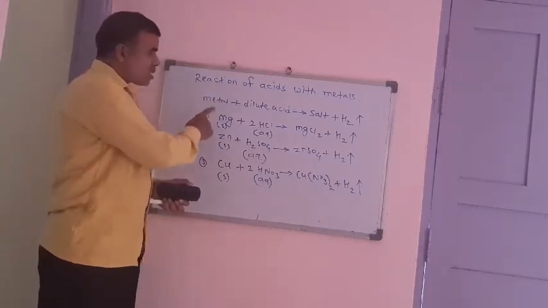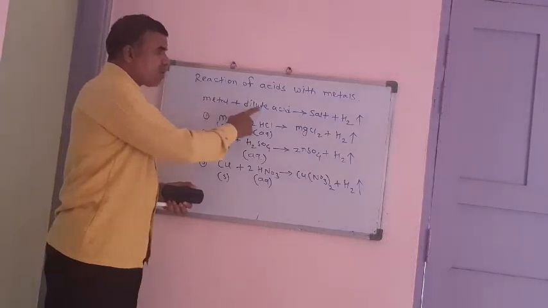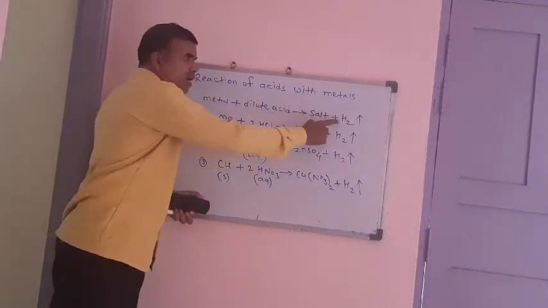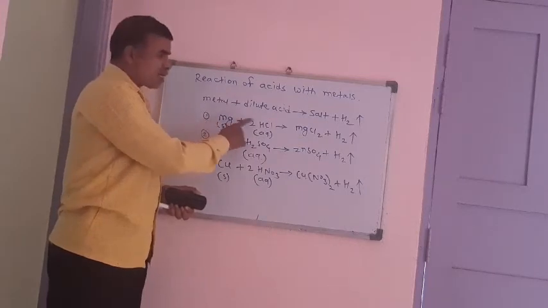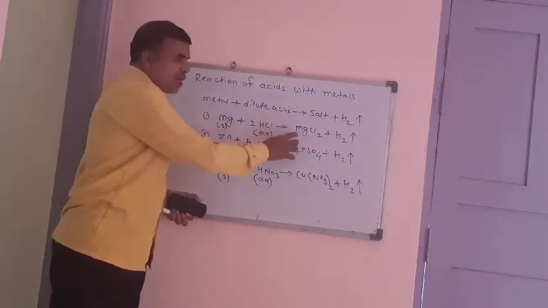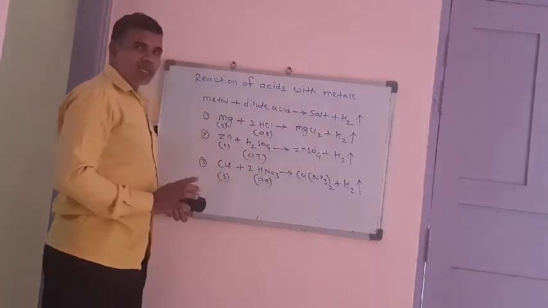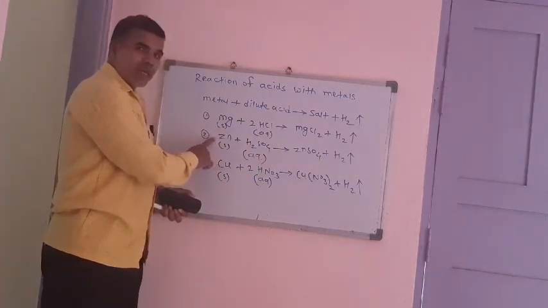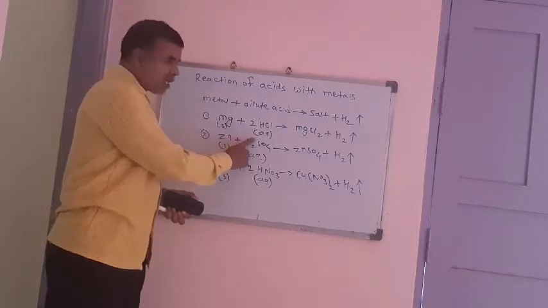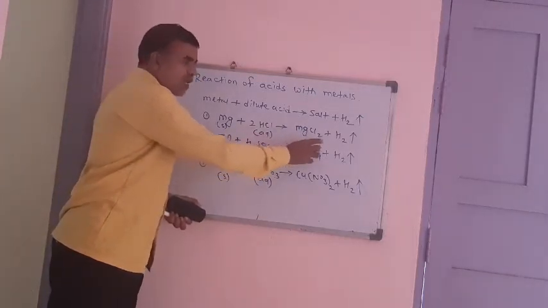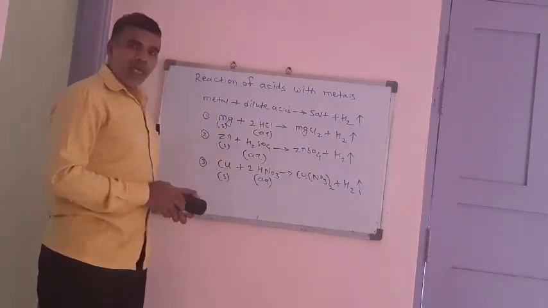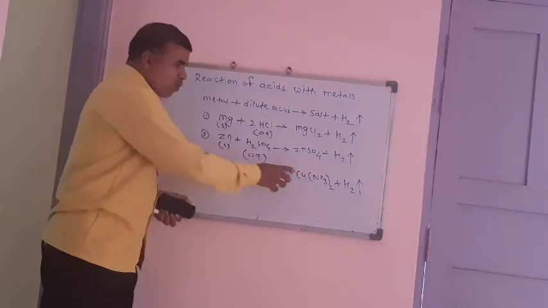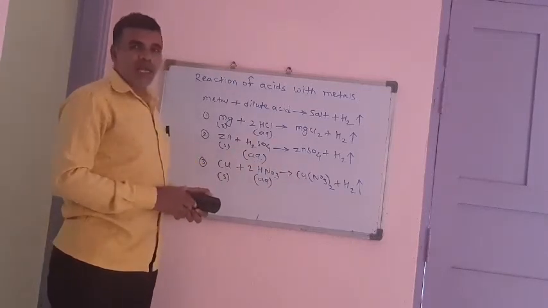When a metal is reacted with a dilute acid, we get salt and hydrogen gas. First example, magnesium reacted with HCl to form magnesium chloride and hydrogen gas. Number 2, zinc, which is a metal, reacted with sulfuric acid to form zinc sulfate and hydrogen gas. Third, copper reacted with nitric acid to form copper nitrate and hydrogen gas.